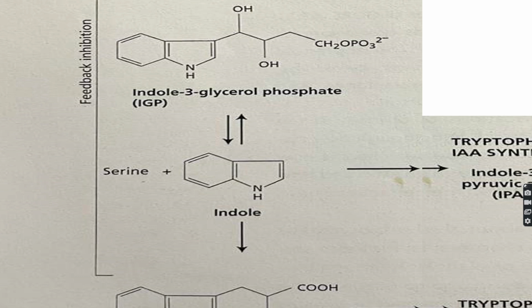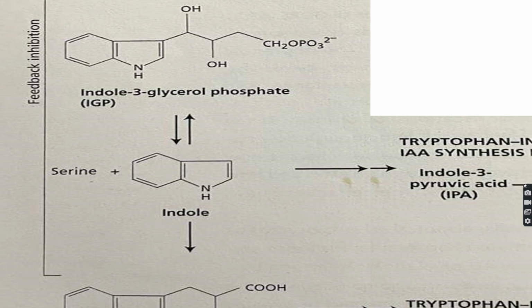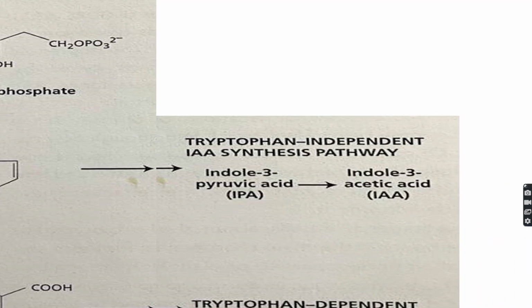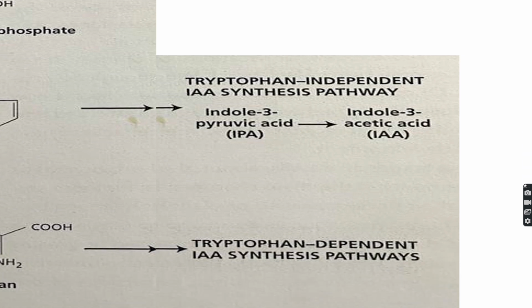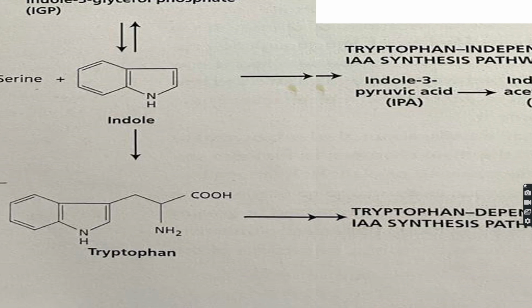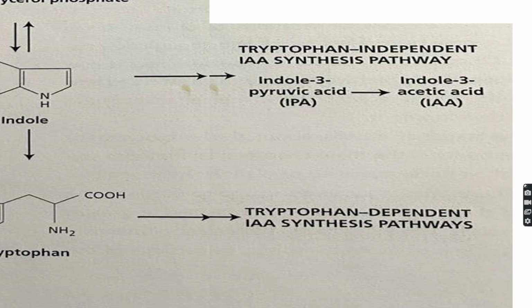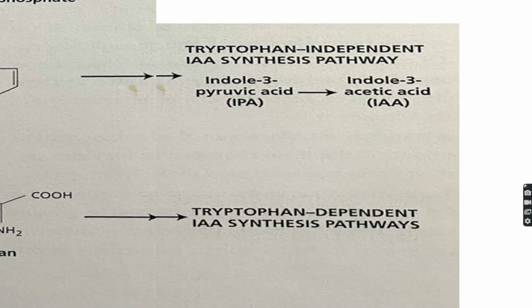So indole can be converted to IPA, indole pyruvic acid, and then will produce IAA. And tryptophan also can undergo a number of processes where it is converted to IAA.